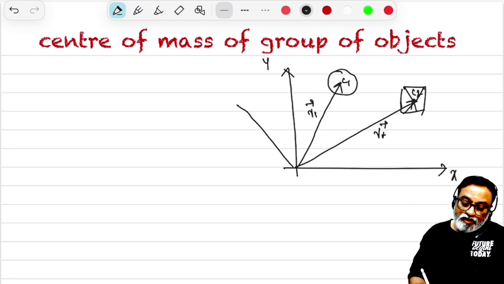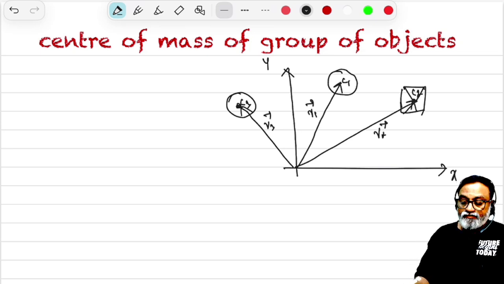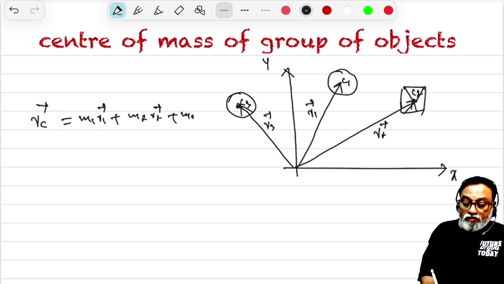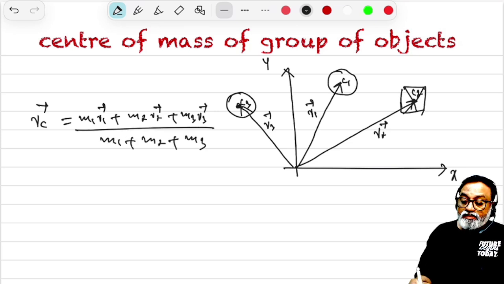Like that, here one sphere is given, its center of mass C3, therefore its position vector is R3 bar. Then for this group of objects, RC bar is equal to M1 R1 bar plus M2 R2 bar plus M3 R3 bar by M1 plus M2 plus M3.